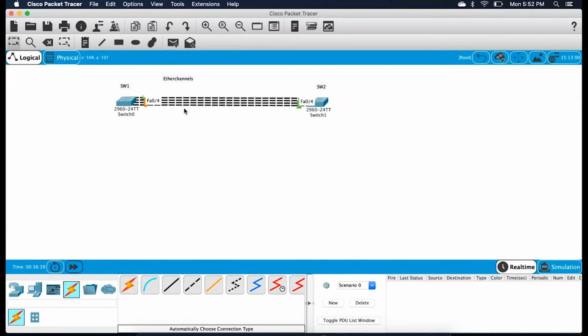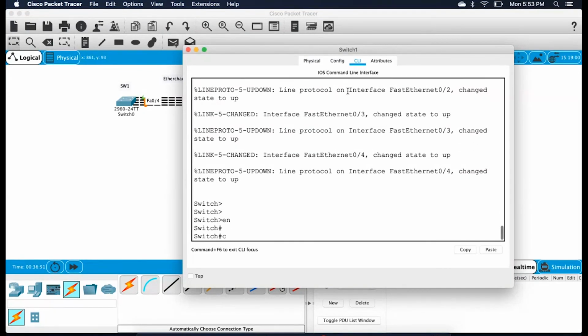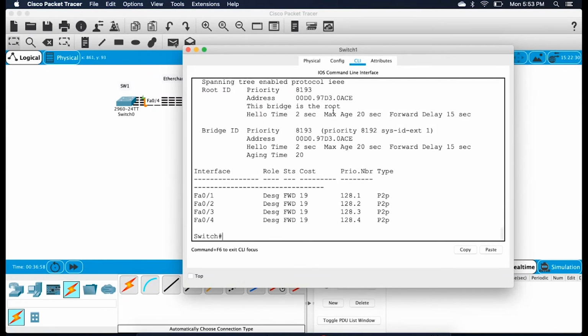Now you see, after doing the STP calculation, you can figure out that all the links at one side are green, but at the other side, only one link is working. And why so? Because if you check switch 2 with show spanning-tree, you can see that this is the root bridge.